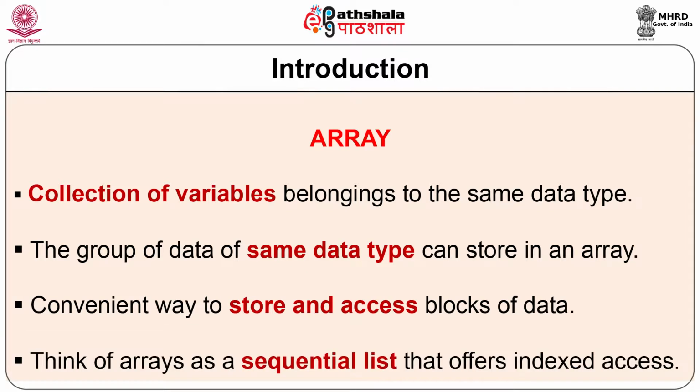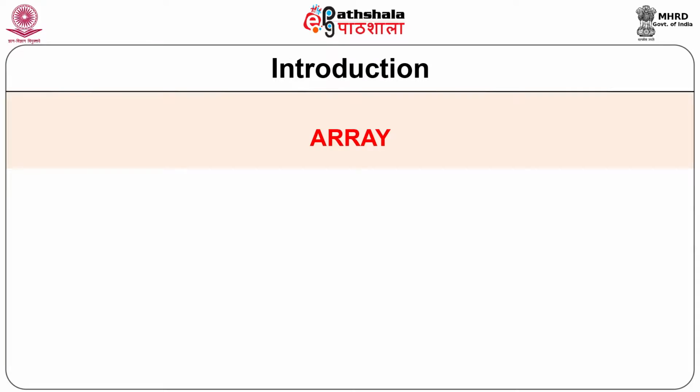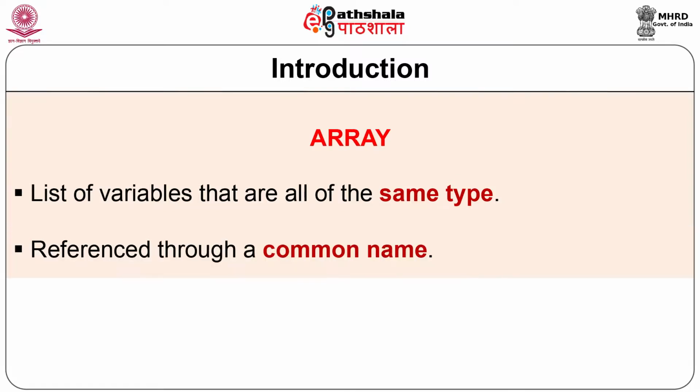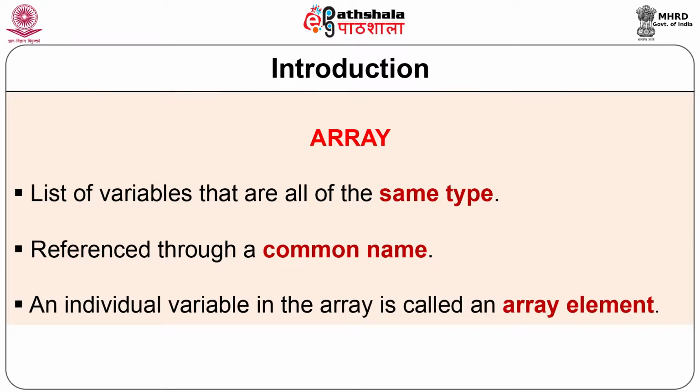Think of array as a sequential list that offers indexed access. Array can be treated as a list of variables of the same data type, that is, a list of integer variables or a list of character variables. Array is referenced through a common name and individual variables in the array are termed array elements. It means under the array name there are array elements.